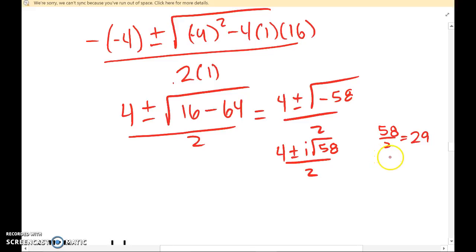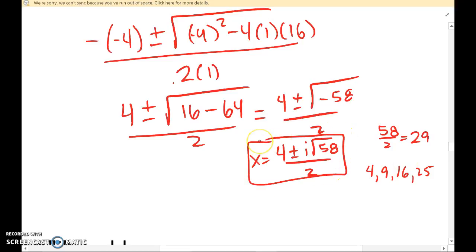So if we divide 58 by all the perfect squares that are less than 29, which would be 4, 9, 16, and 25, you'll notice that none of these numbers go into 58 a whole number of times, meaning 58 is not reducible. So our final answer is this in the radical form.